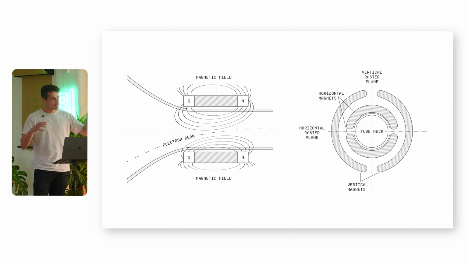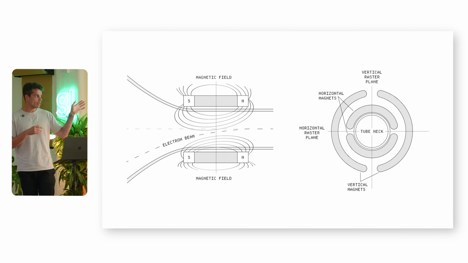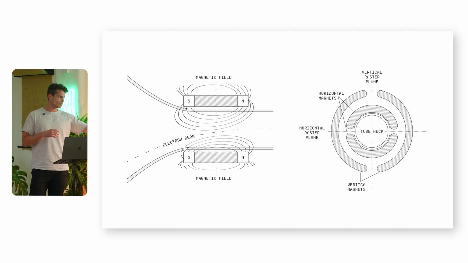Around the neck of the tube is a set of magnets that deflect the beam to different parts of the screen. So we can change the voltage and manipulate the magnetic fields, and that gives us precise control over where the electron beam goes.